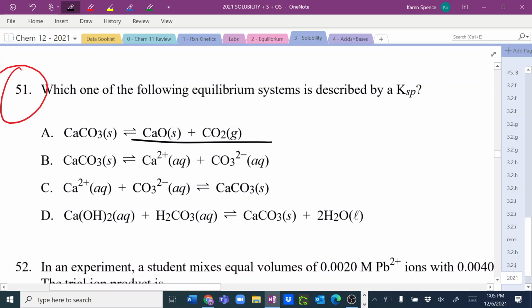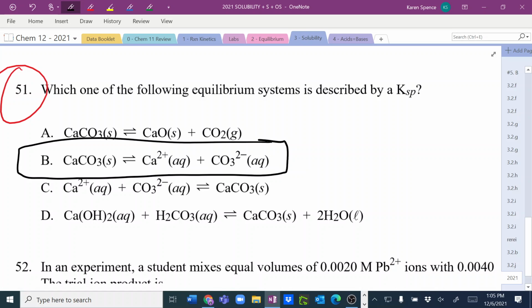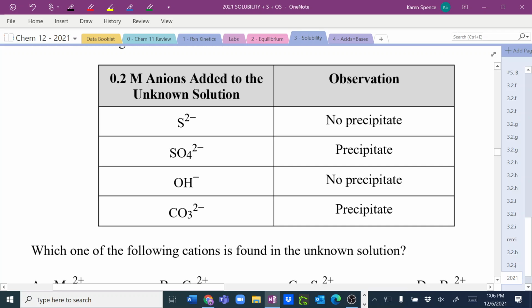Well, that would be that one, yeah? That's the only one where we have our solid on the left and our dissolved ions on the right. Yeah? It can't be C because the solid's on the wrong side. Okay? Let's take a look. I think 36 is the next one.